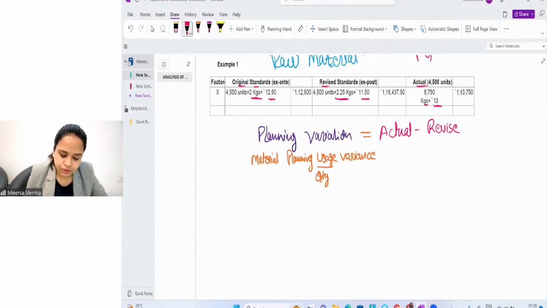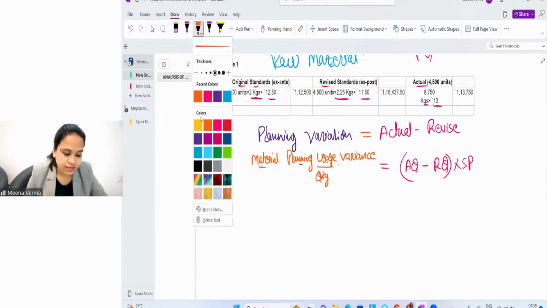When you are calculating this material planning quantity or usage variance, you will see what was the actual quantity, then what was the revised quantity for the actual output, into the standard price. So this will give you the material planning usage variance.